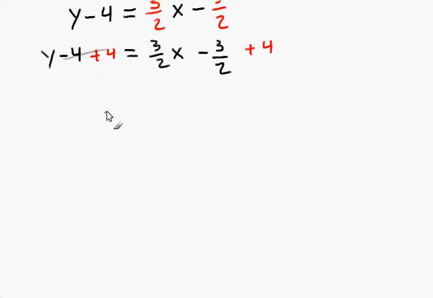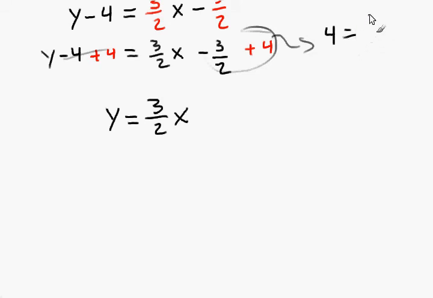These cancel, so we're left with y equals. That's good. 3/2 x. That's good too. No parentheses coming in between x and its constant. And then we have to combine these two. We may as well. I'm going to write this off to the side. 4 is, let's see here, 8 divided by 2.